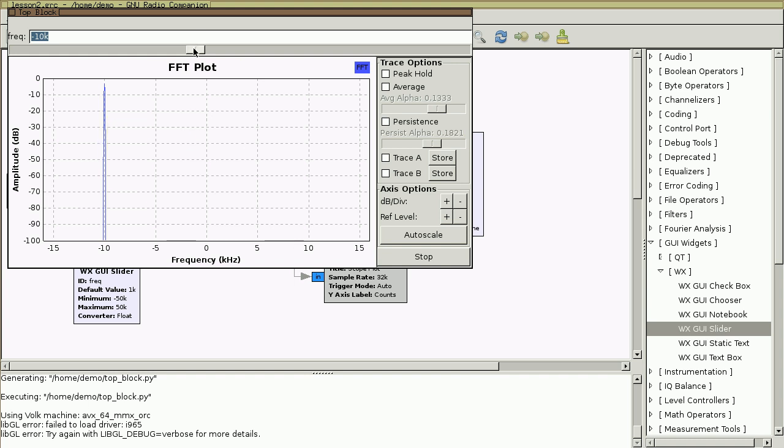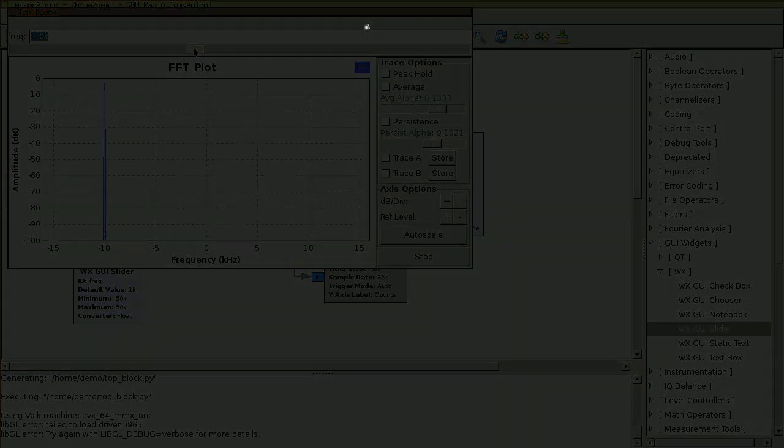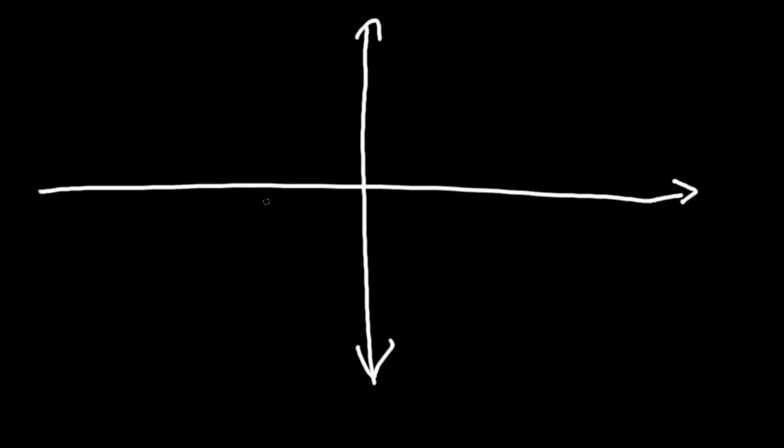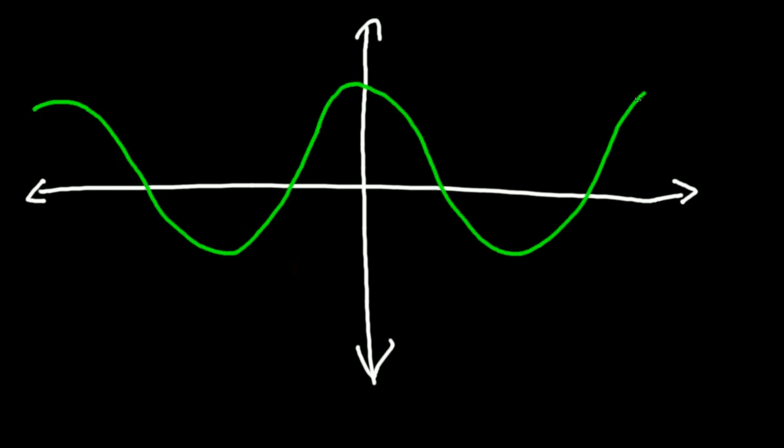This is quite mysterious to me, because think about it for a minute. What is a cosine? What does a cosine wave look like? If you plot a cosine wave, it looks like this, and it has a symmetry across the vertical axis. In other words, it's identical forwards and backwards.